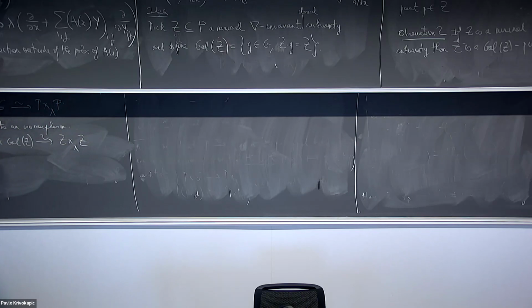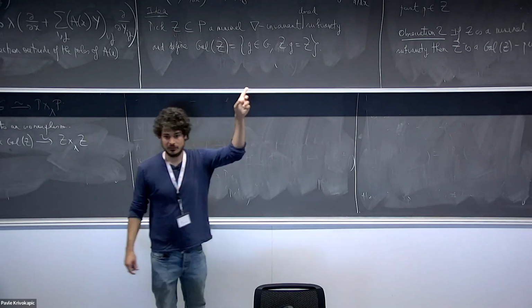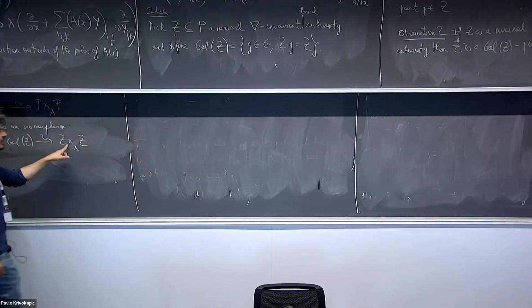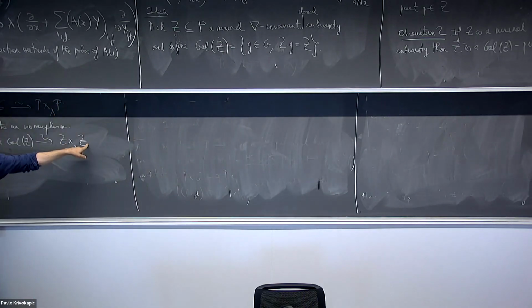Clearly, if you take a point in Z and a point in Gal Z, by definition it preserves all of Z, so it will send it to Z times XZ. What you want to show is that if P and Q are two points in here, you can find an element of the Galois group of Z such that they are conjugate by this element.